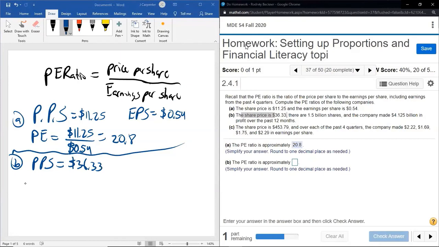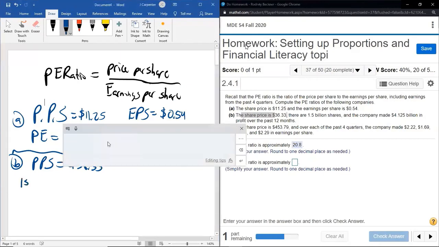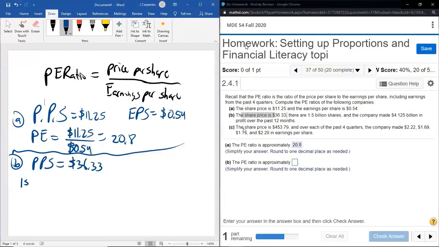So what we have to do is first, I cannot stand when that happens. First, we need to find the EPS, the earnings per share, which is literally the earnings per, which means division, and then the number of shares. What's your earnings? Oh, they don't throw the word earnings in there.